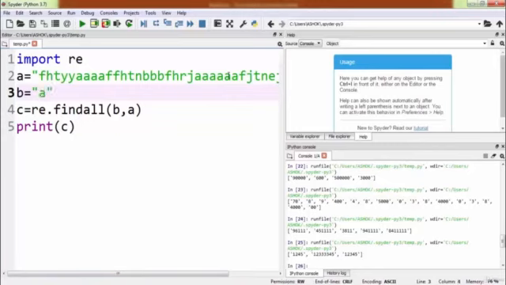For that A is quantified 2 or more times, followed by any character. For that \w, and this character can be present 0 or more times. And it should end with at least 3 B's. So the quantifier is 3 and comma.